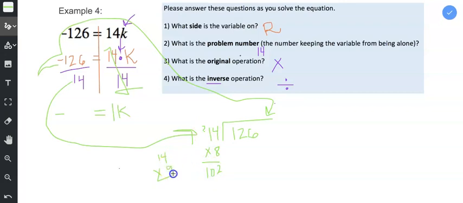So let me try 9. 4 times 9 is 36. Carry the 3. 1 times 9 is 9. Plus 3 gives me the 12. So it'd be exactly 9 times. And then I subtract and I get a remainder of 0 and there's no number to bring down. So we get our answer to be k equals -9. Remember, 1k is the same thing as k.